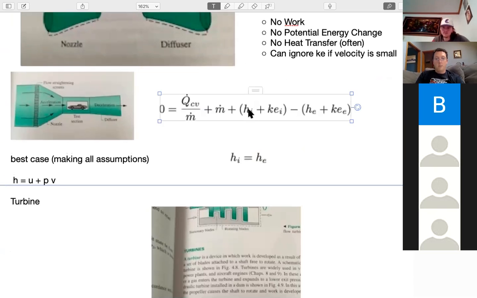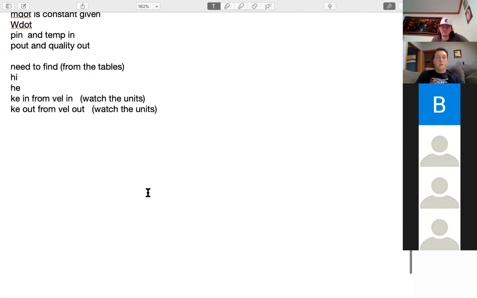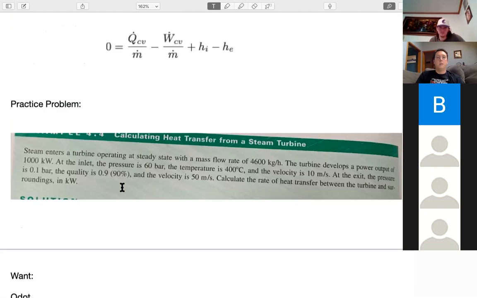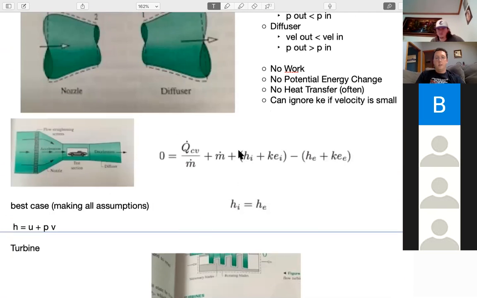Let me copy it. Oh, come on. Sorry. Copy. Why is it not working?